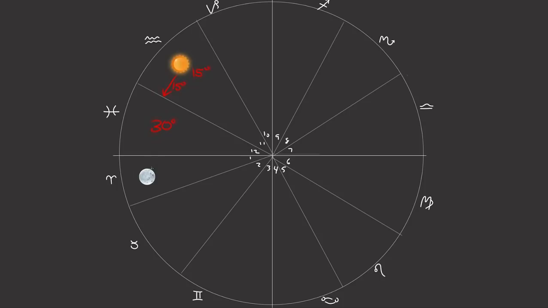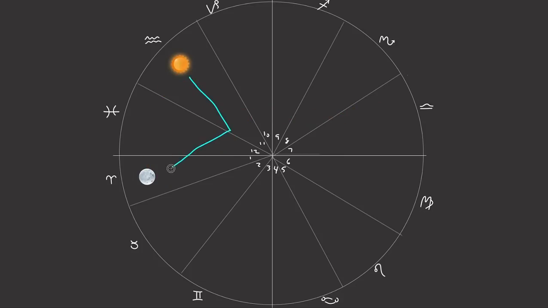Now to get to the moon, let's say the moon was at exactly 15 degrees. Then we would need 15 more degrees to get to the moon. So for this particular relationship, we would have 15 degrees to get to the next sign, plus 30 degrees to skip the next sign entirely, plus 15 degrees to get to the moon. So the angular relationship between these two would be 60 degrees.